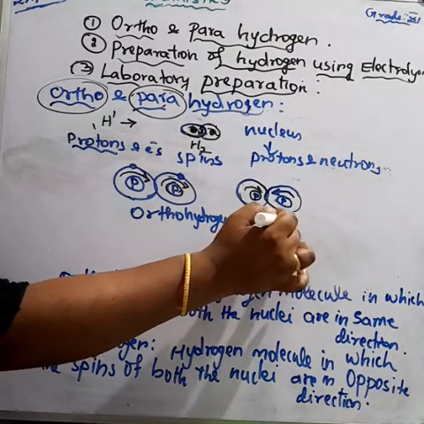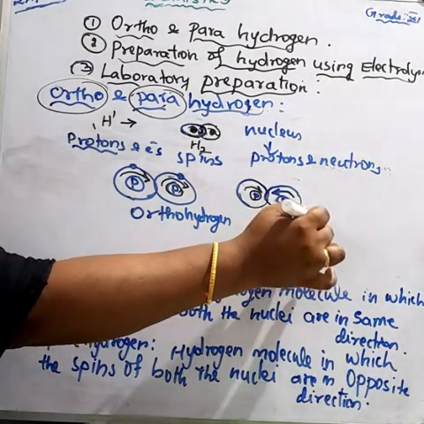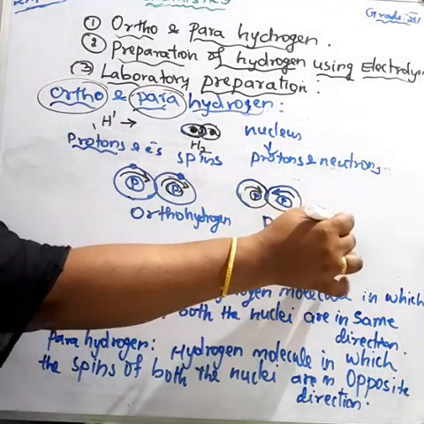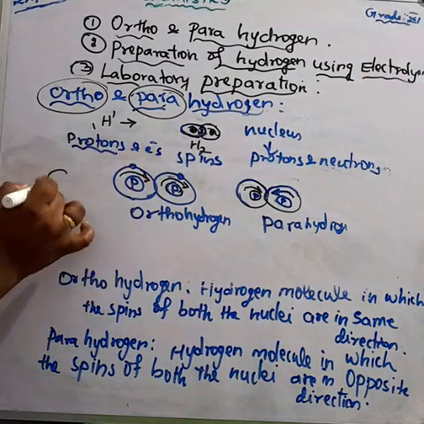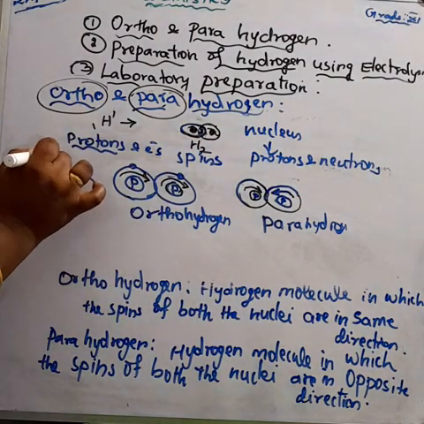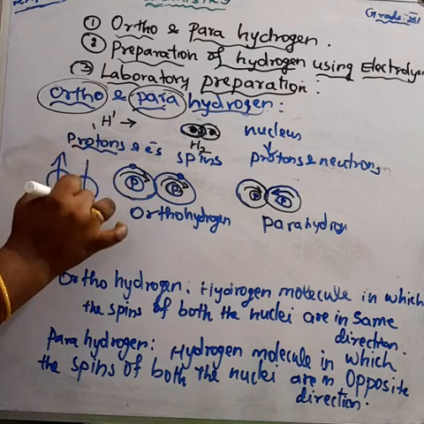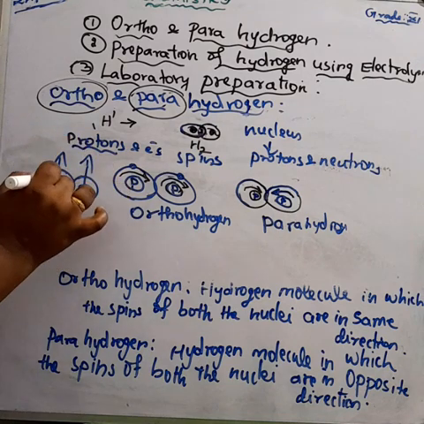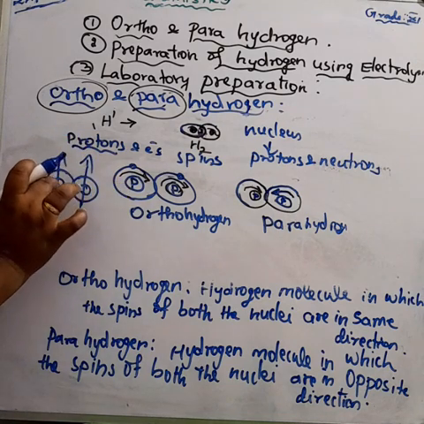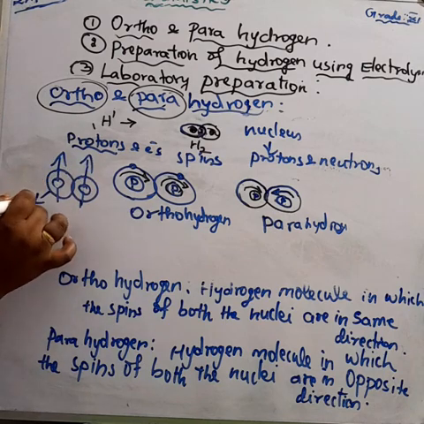The spins which are parallel, the spin of the protons in the nuclei of the two hydrogen atoms in parallel, means orthohydrogen.